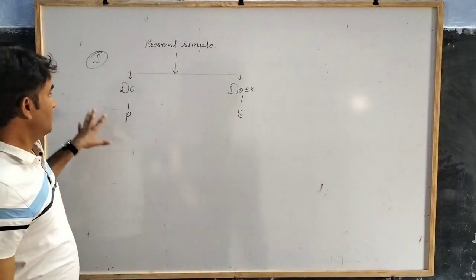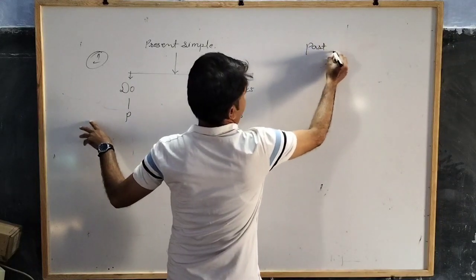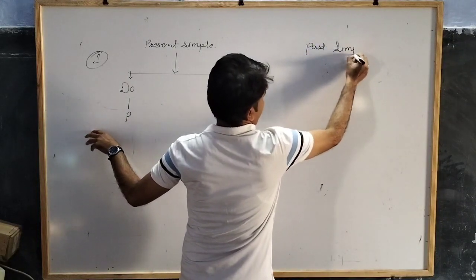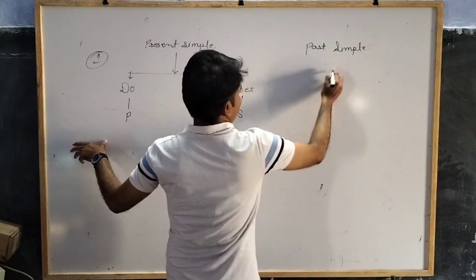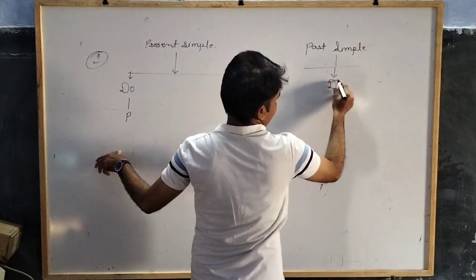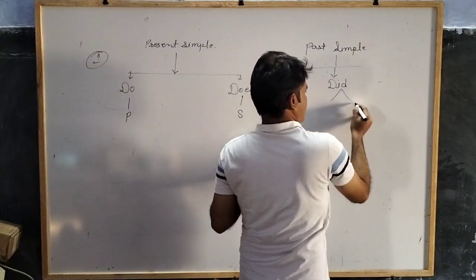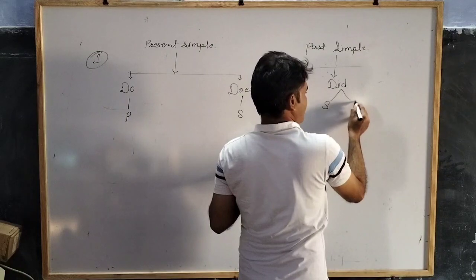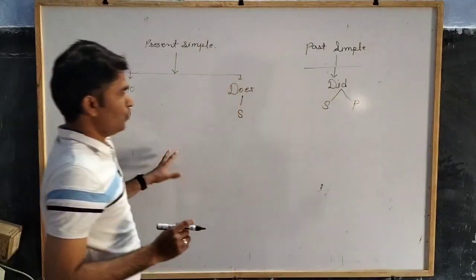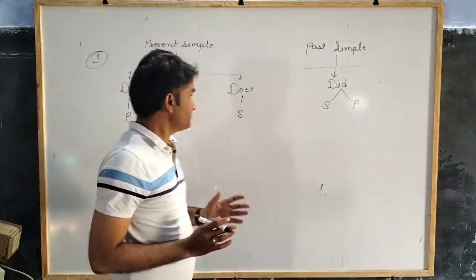And in past simple also we study only one helping verb, which is called did. Did is considered both singular and plural. All the singular pronouns and plural pronouns will come with did.